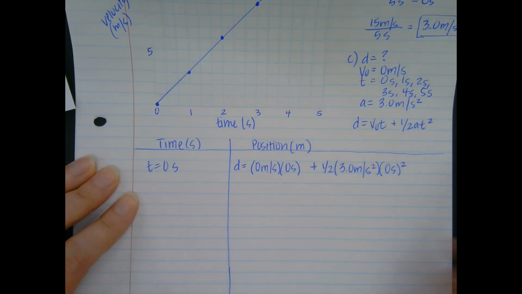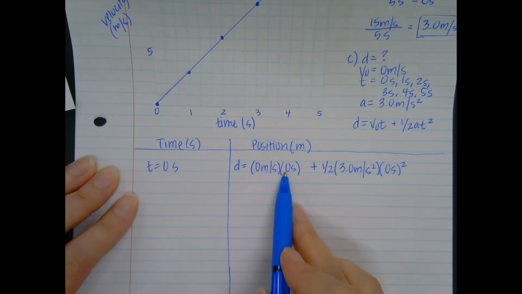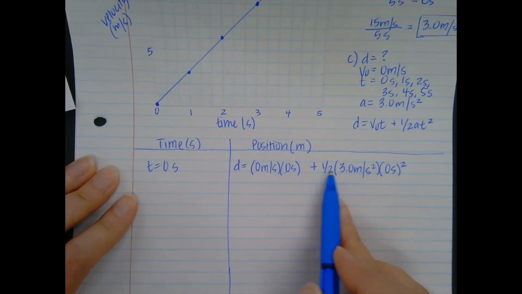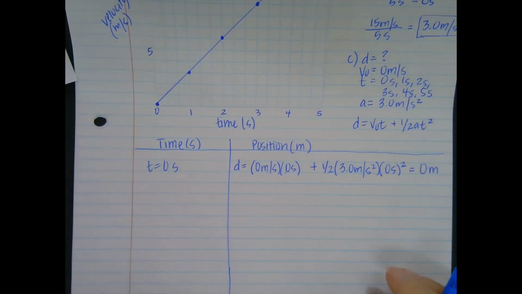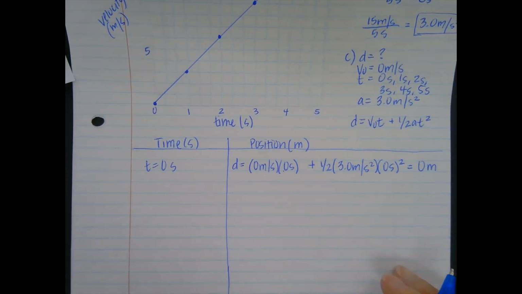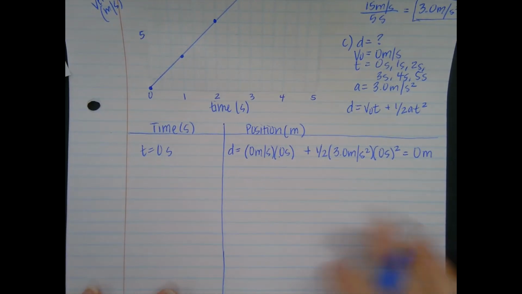Now 0 times 0 is 0. 0 times 3 times 1/2 is 0. So we know that the car has gone 0 meters in this first 0 seconds. Again, I'm sure we could have guessed that, and we know by looking at the graph what that means, but we are saying that for this time 0 to get in the habit of solving this equation.